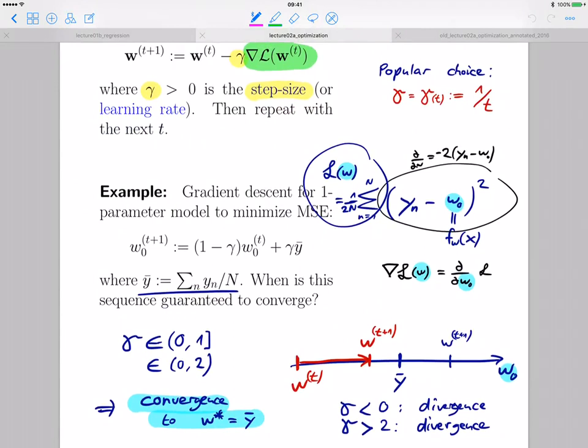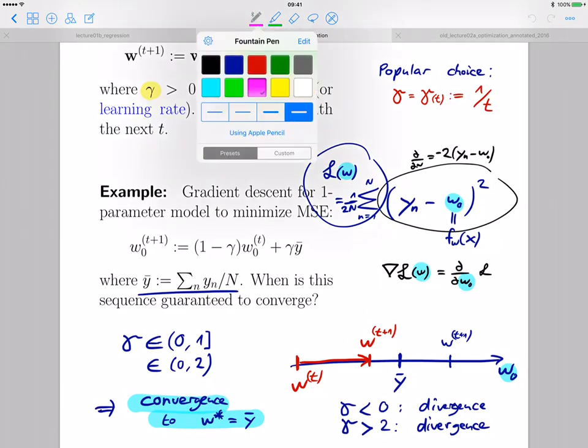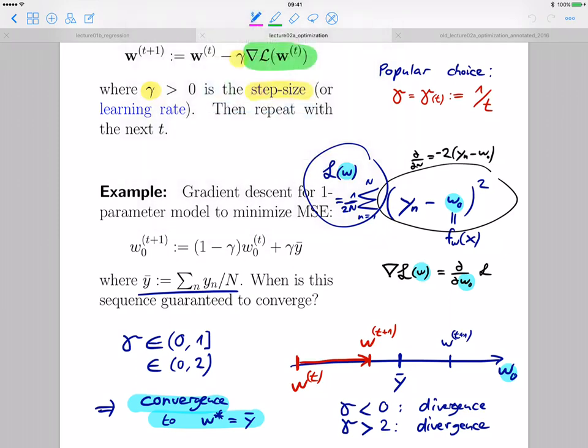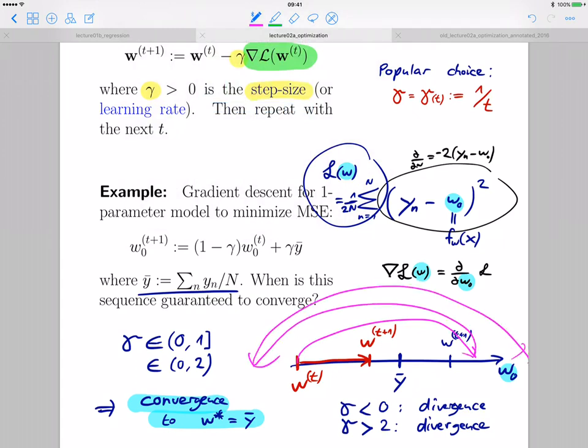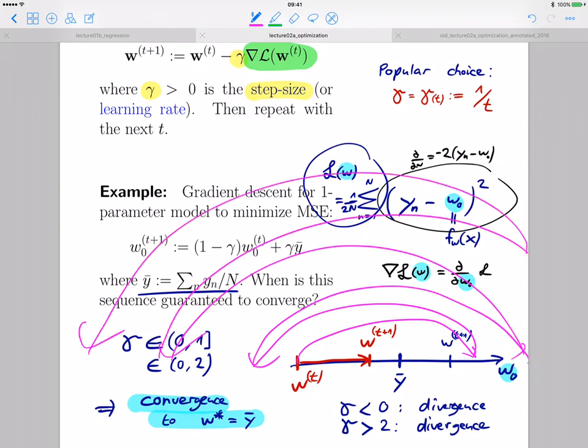Here in this 1D example, we said when the step size is bigger than 2, very bad things happen. We started here, then if it's bigger than 2, you jump here. Next step, you will go here, then you will go even further. So that's what's going to happen. It's going to diverge and be completely useless. So this is an instability of the gradient descent.